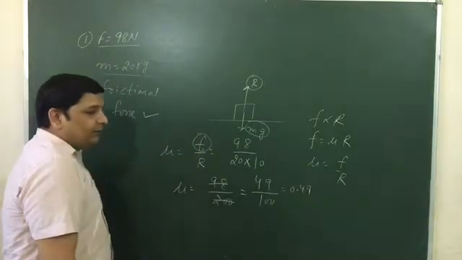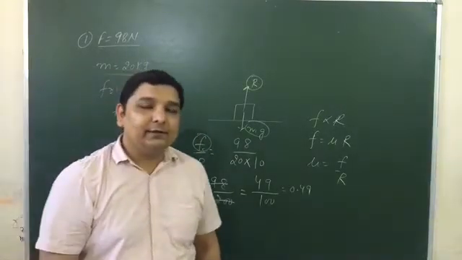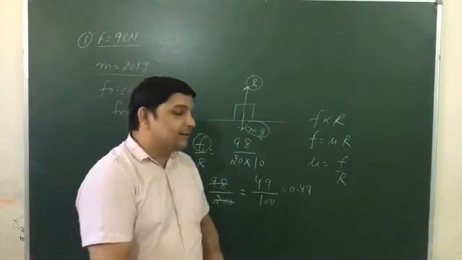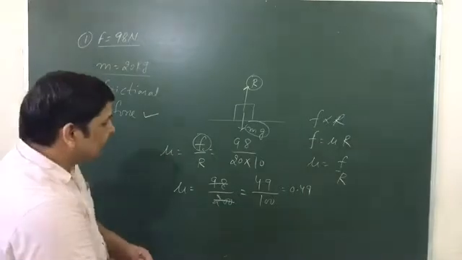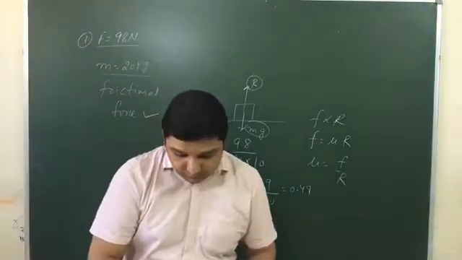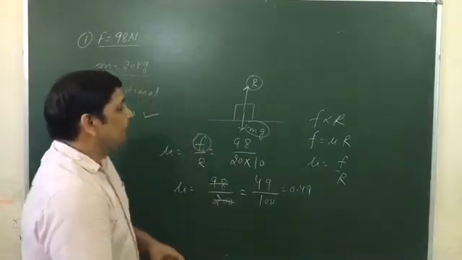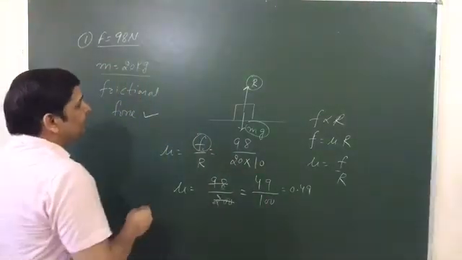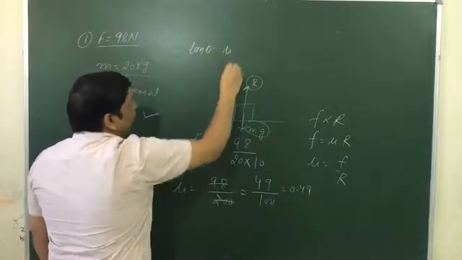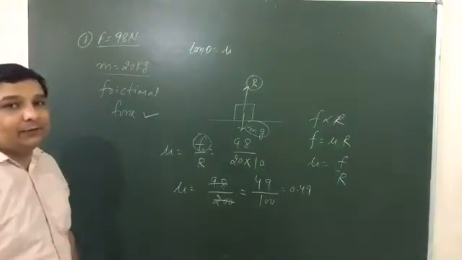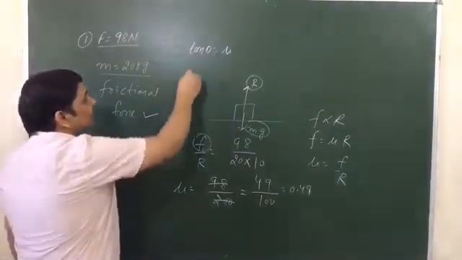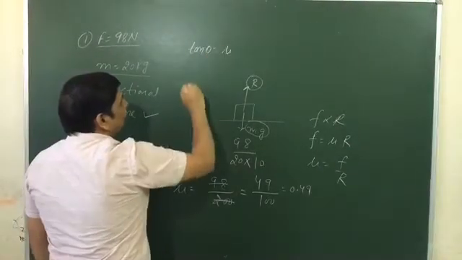Zero point four nine. Therefore, in this case, coefficient of friction will be equal to 0.49. Now, second part. In the second part, we have to find angle of friction. We can use the direct formula for angle of friction: tan theta is equal to mu, where mu is coefficient of friction and theta is angle of friction.